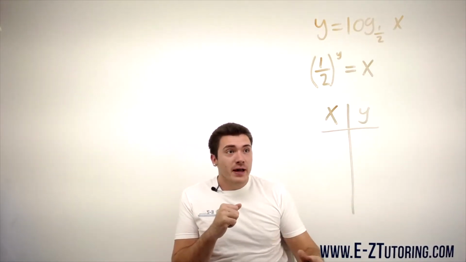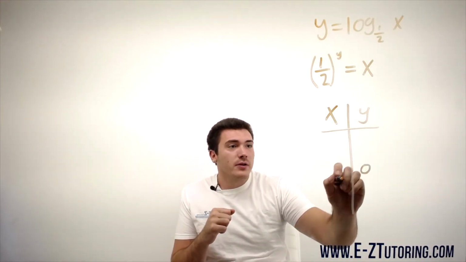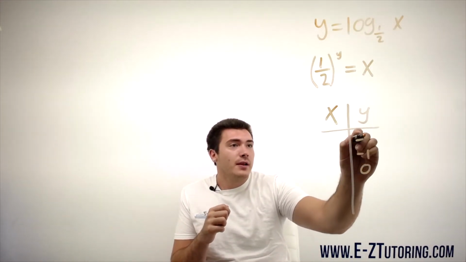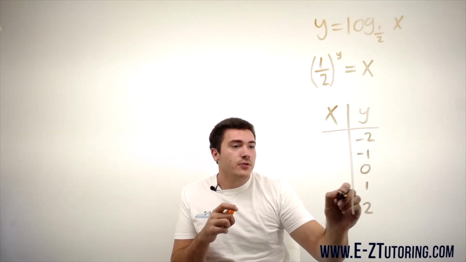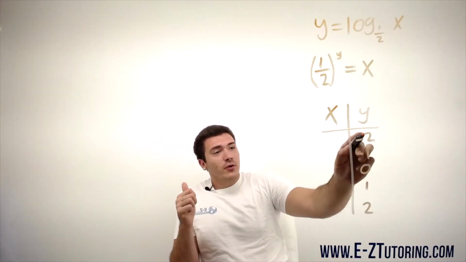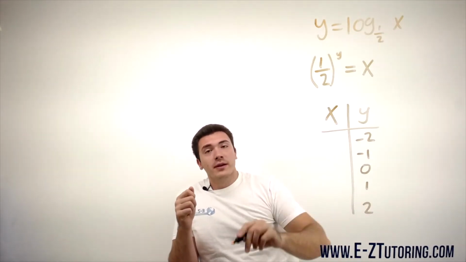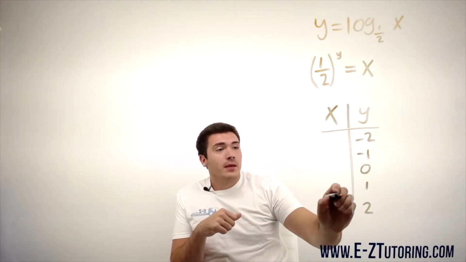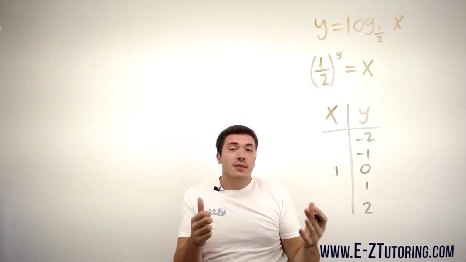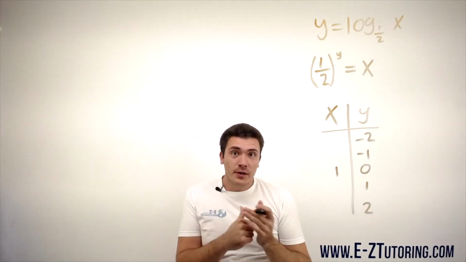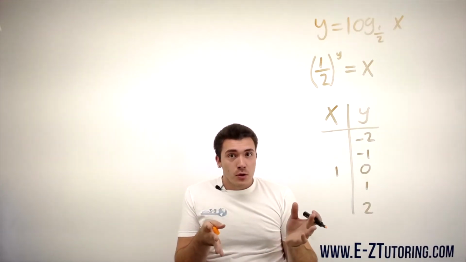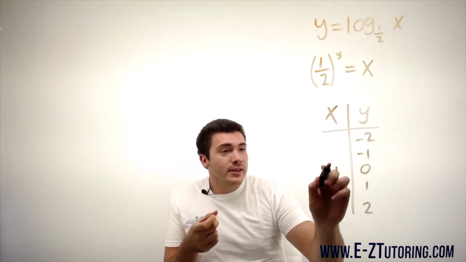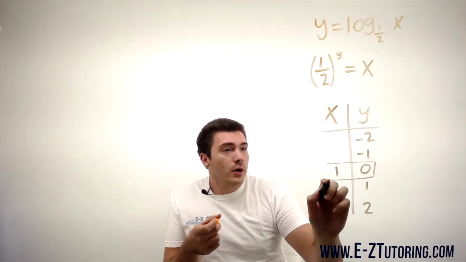Generally, the best values to plug into your graph are 0, -1, -2, 1, and 2. Let's plug in all of these and see what we get. If we plug in a 0 for y, you will get 1 because anything to the power of 0 is 1. Generally, your logarithm graphs will always have this coordinate, 1, 0.